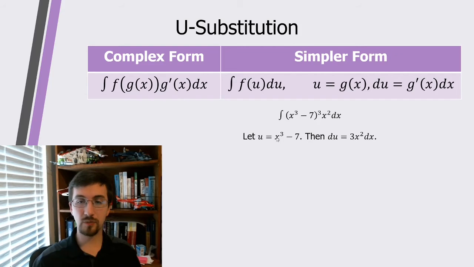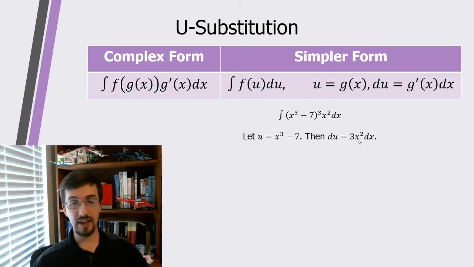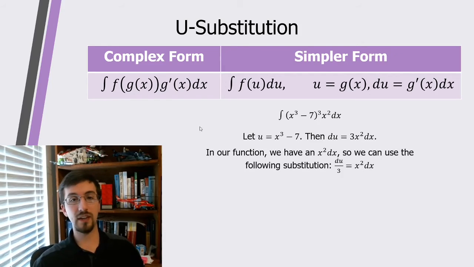So if we take the derivative of this, du equals 3 times x squared, the minus 7 goes away, so 3x squared dx. In our function, we have an x squared dx, so we can rewrite this in order to substitute it.